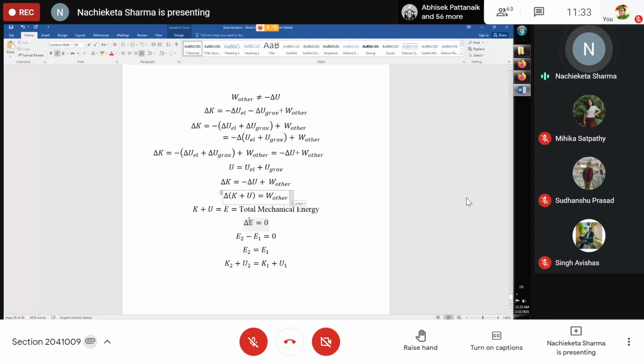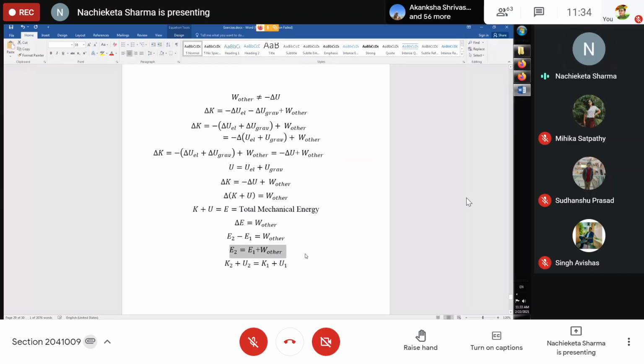K plus U is equal to total mechanical energy. That part is okay. So delta E is equal to W other. That is important. So E2 minus E1 is equal to W other, isn't it? Or E2 is equal to E1 plus W other. Okay.